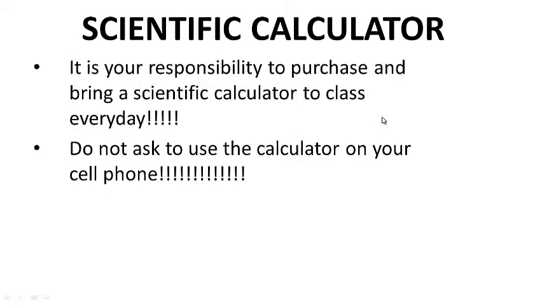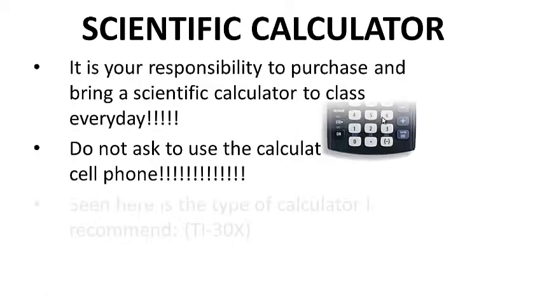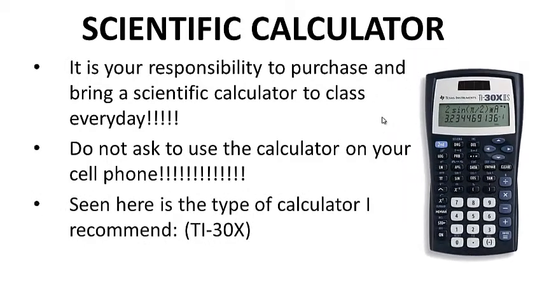So I will not allow you to use your cell phone calculator. Here's the type of calculator I recommend, a TI-30X. Great calculator, very easy to use. You can get them at Walmart, Rite Aid, Target, any store.